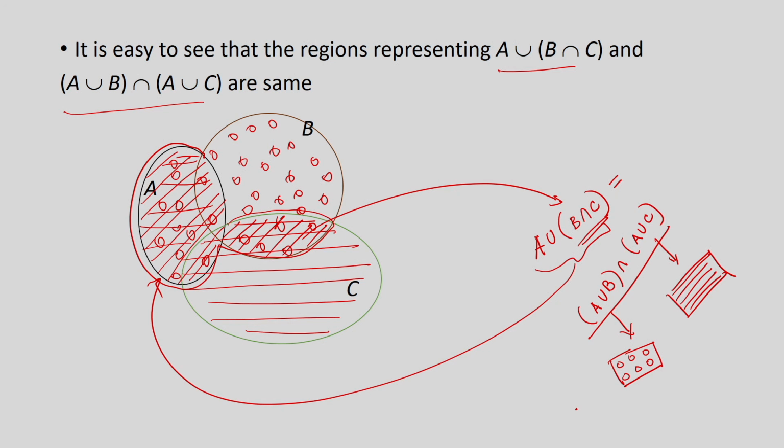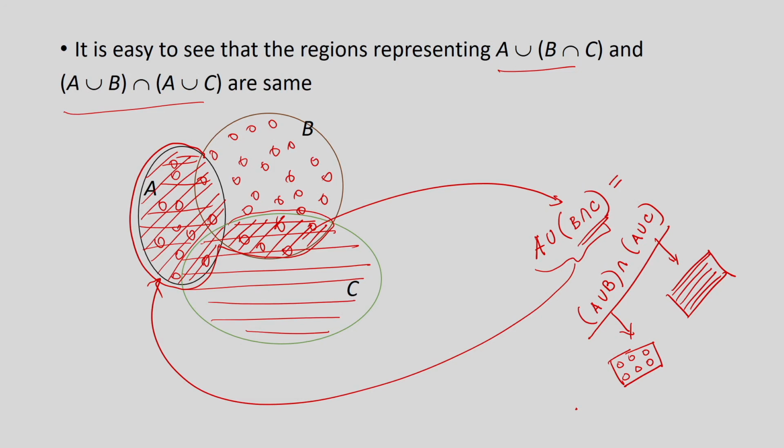But remember, this is also the portion which is on the left hand side. So, that we have found out before. Therefore, we have proved that the LHS is equal to RHS by the help of the Venn diagrams.